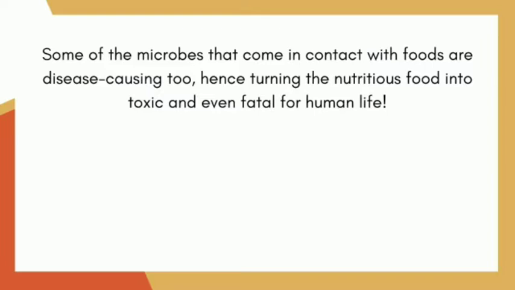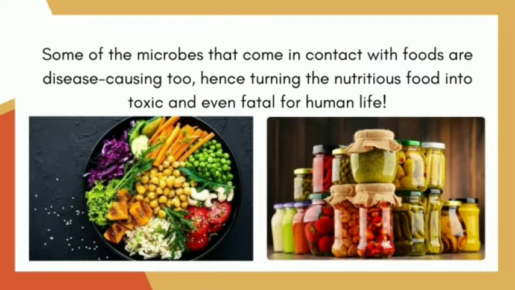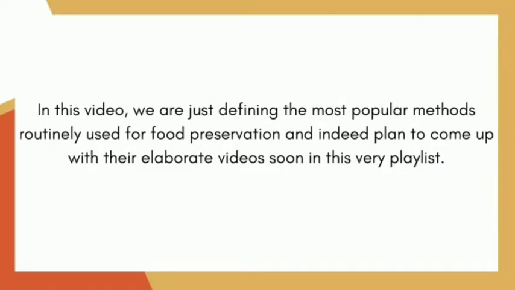So coming back to food preservation, it is important that food safety should be achieved by food preservation by preventing or at least delaying multiplication of harmful microbes in the foodstuff, and this increases the shelf life of the food too. Here we are only highlighting in short the methods used, and we will be coming up with detailed videos of these methods for you in the subsequent videos.